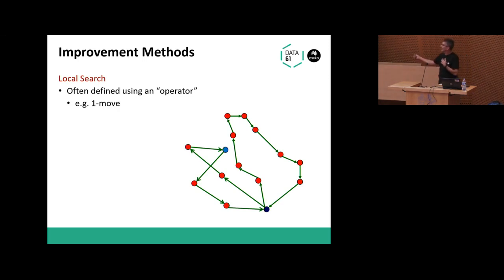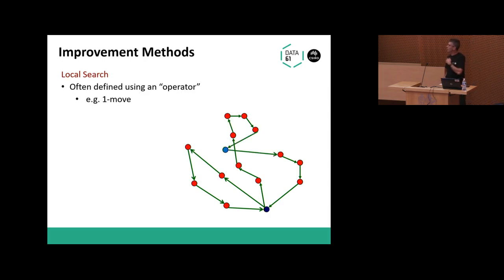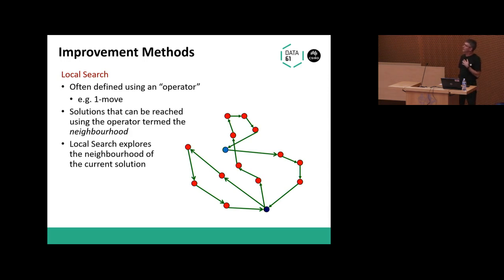So we've got a solution that we've produced by whatever method, and a one move simply puts a customer into a different position in a different route, or a different position in the same route. So these are all the different positions that one customer can be put into. We talk about the neighbourhood of a solution as all of the different solutions that I can reach using that operator, the one move operator.